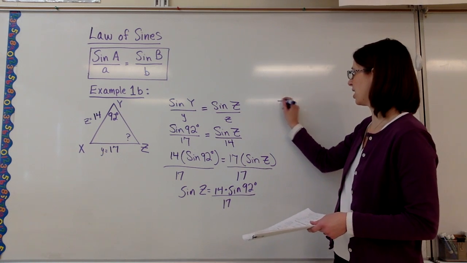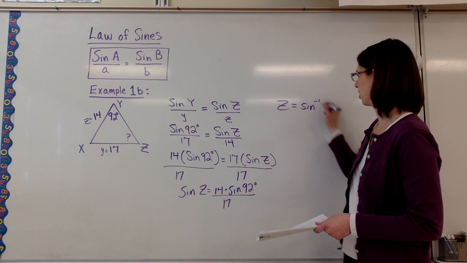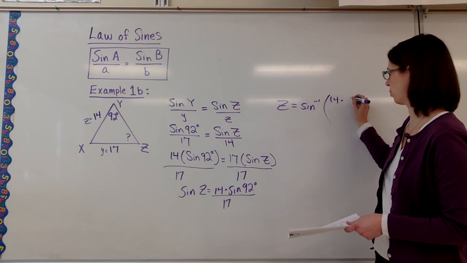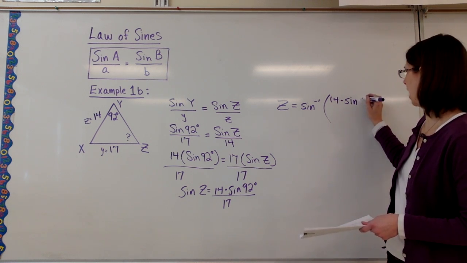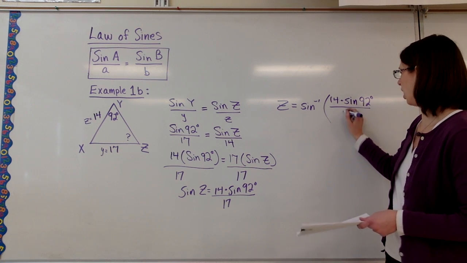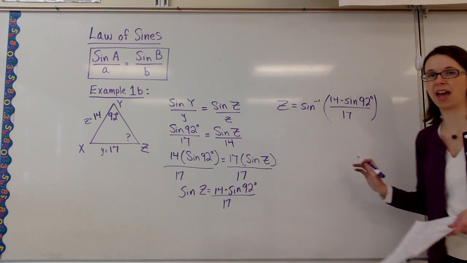So z is going to be the sine inverse of that whole quantity that we just wrote down that sine of z was equal to. So that's 14 times sine of 92 degrees over 17, and we're taking the sine inverse of that.